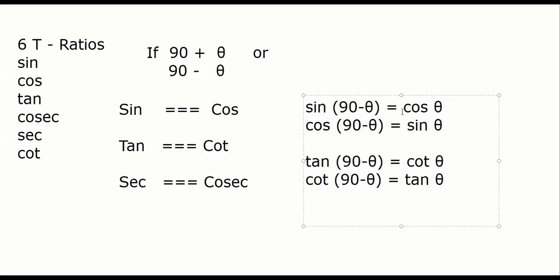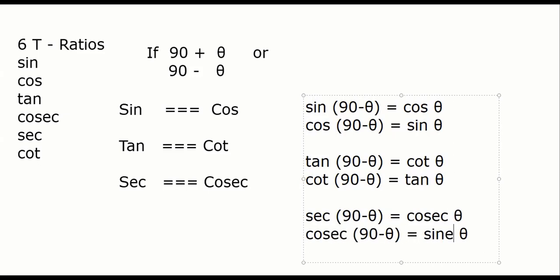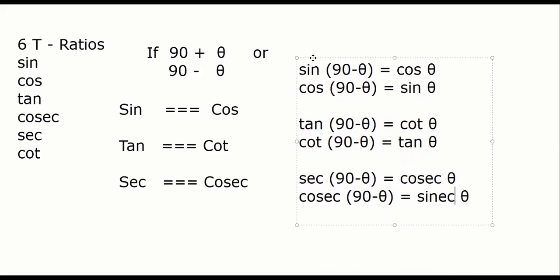Or sec becomes cosec, cosec becomes sec. So you don't have to really mug up because you know the pairs are these, after that it's all putting together. That happens with 90. Even if it is 90 plus theta, everywhere it will always change sine to cos and cos to sine.